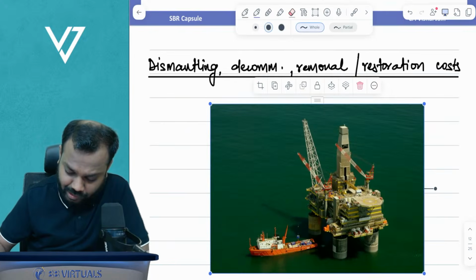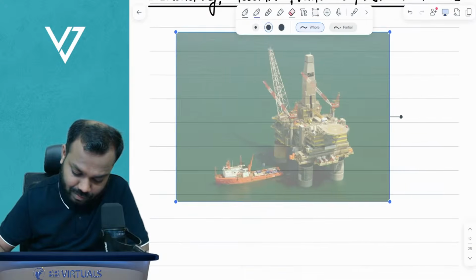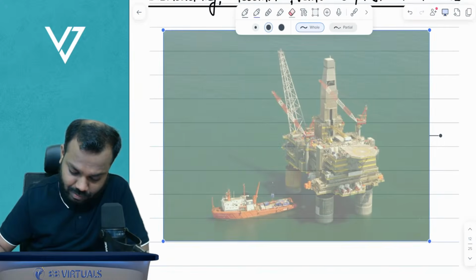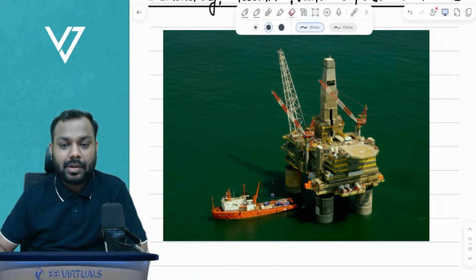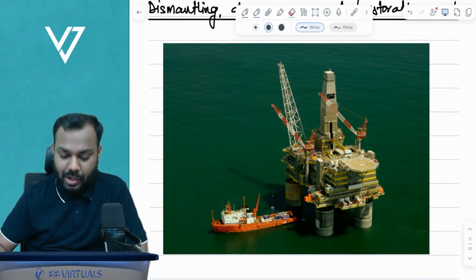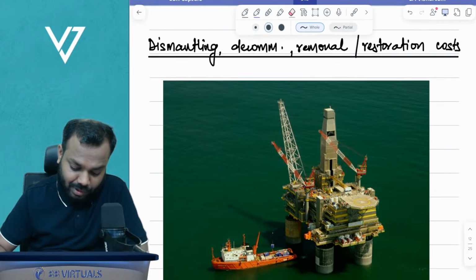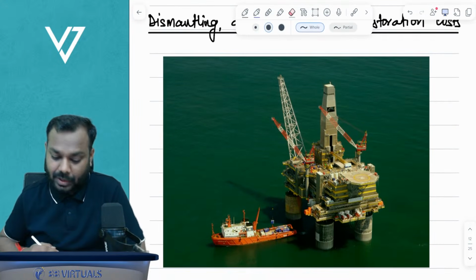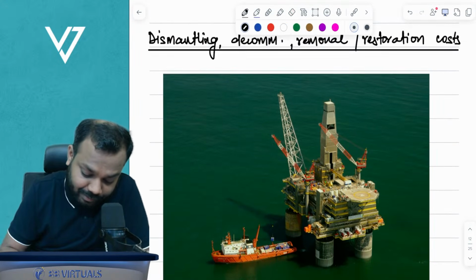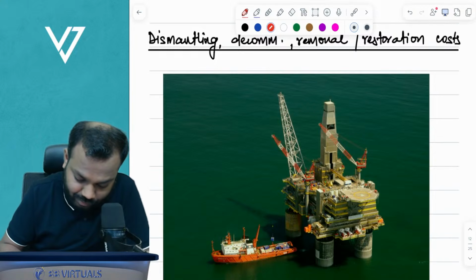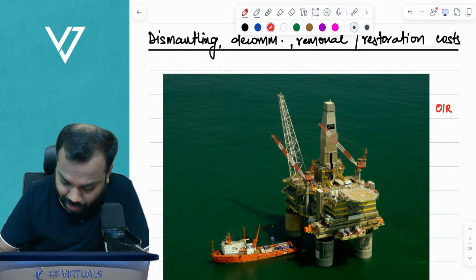Do you guys know what this is? It is called an oil rig. We call them oil rigs.